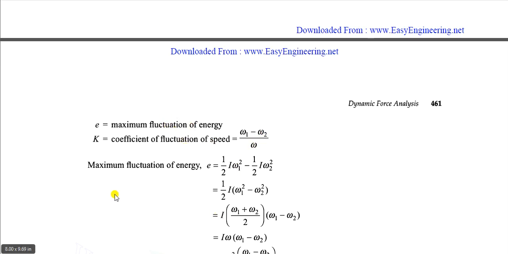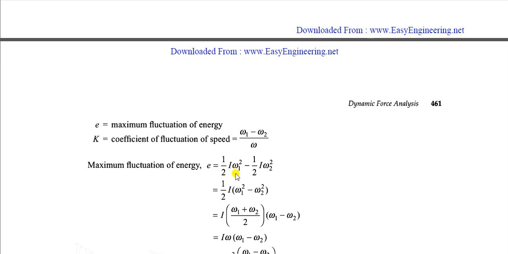Next, the maximum fluctuation of energy, e. If omega 1 is the maximum speed, what will be the maximum kinetic energy? It will be half I omega 1 square. This is for angular motion. If an object is in angular motion, the kinetic energy is given by this formula, half I omega 1 square.